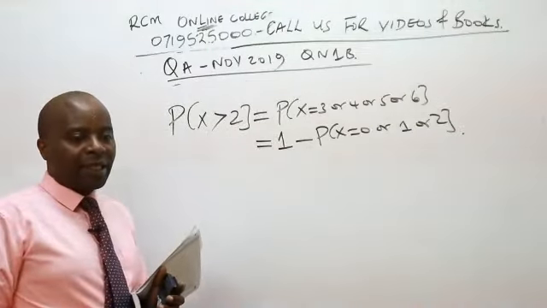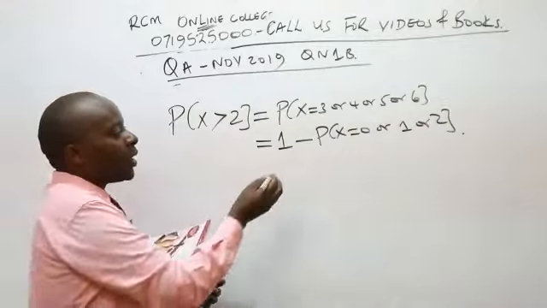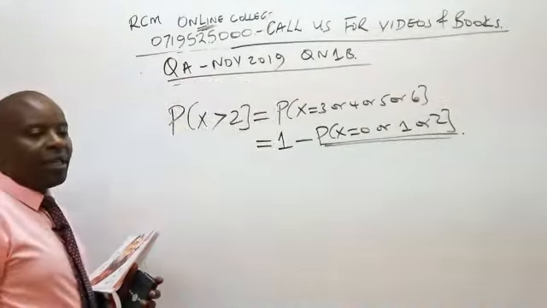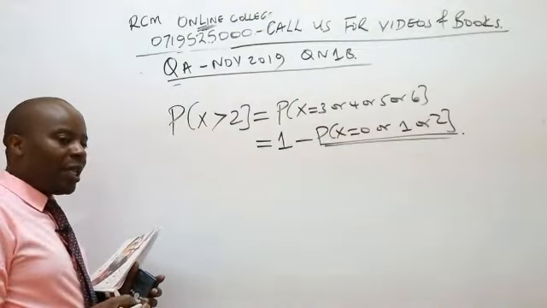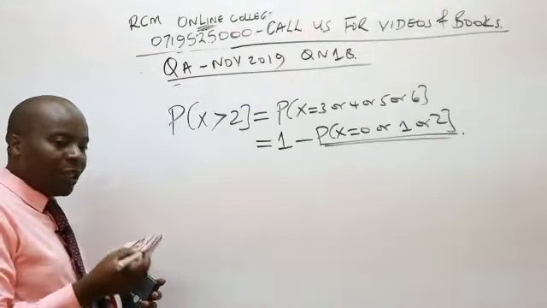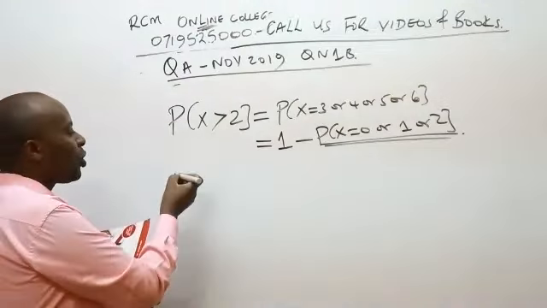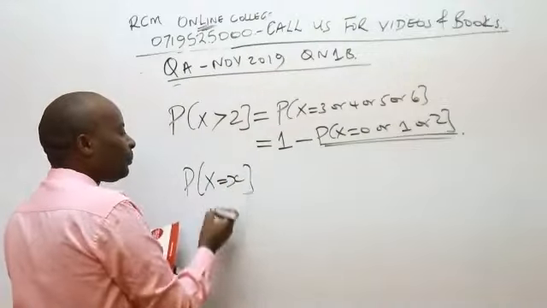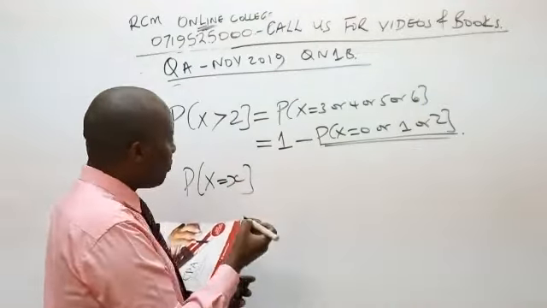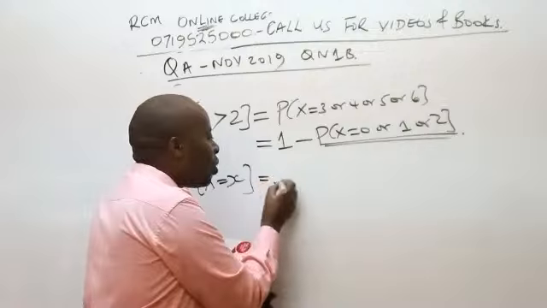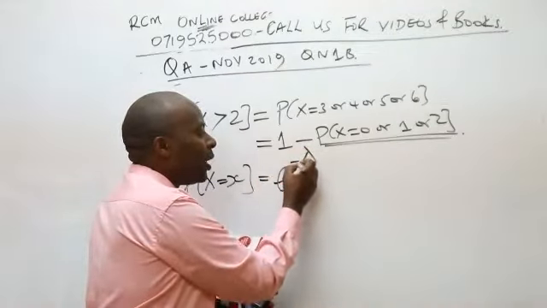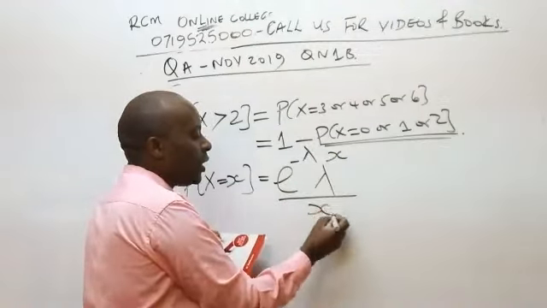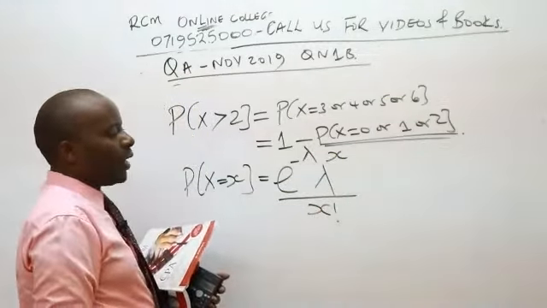Great, I like this. So this time around, they want us to evaluate these, ladies and gentlemen, using a Poisson distribution. If it is a Poisson distribution, I know how this distribution looks. Probability of capital X being equal to small x will be equal to e raised to negative lambda, lambda raised to x, all over x factorial.